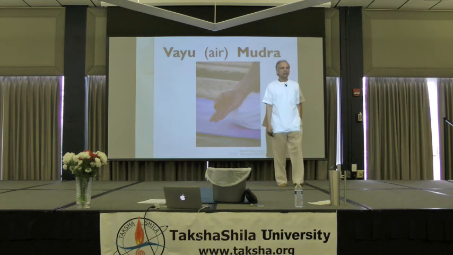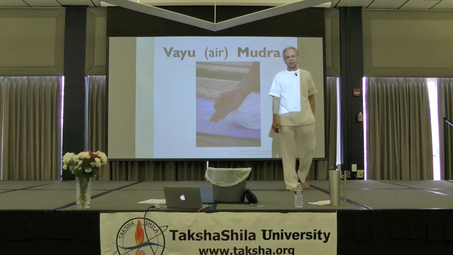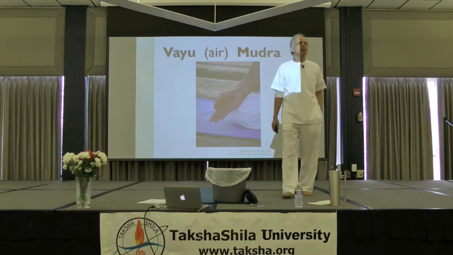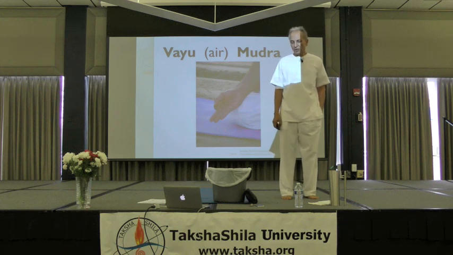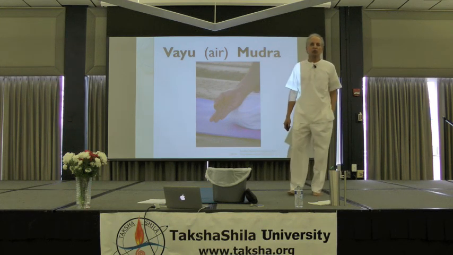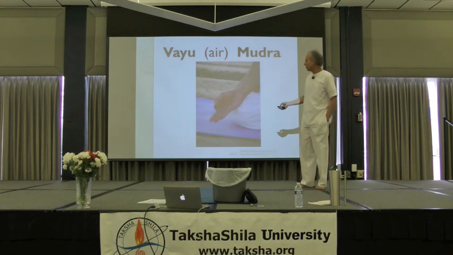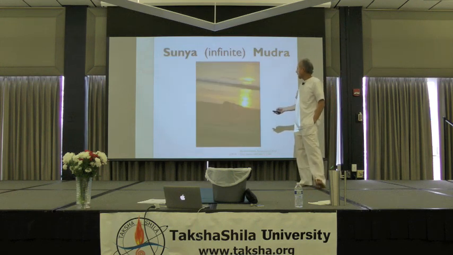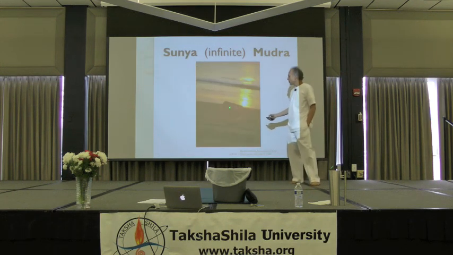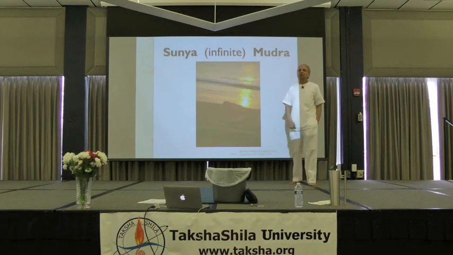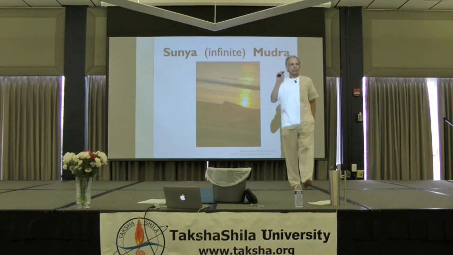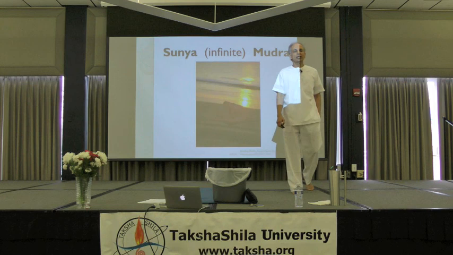Vayu Mudra, controlling the Vata, it controls the Vata-related disorders, all the musculoskeletal disorders and neuropsychiatric disorders. You do this mudra. This is called a Shunya Mudra. This is the space and the fire. Space is all connected to your hearing. So it improves your hearing.